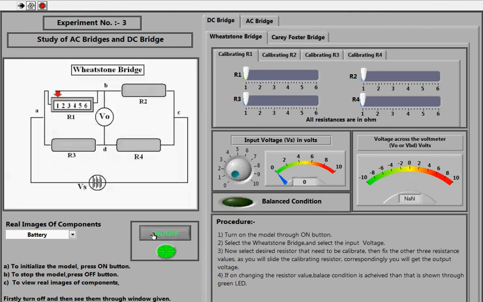For Wheatstone bridge, we again have 4 options to calibrate the 4 different resistors at different branches. Now if you choose to calibrate the resistor at the first branch, R1, then fix the source voltage through the knob at some value within the range specified. Then fix R2, R3 and R4 to some value and vary the resistance of R1 through the slider.